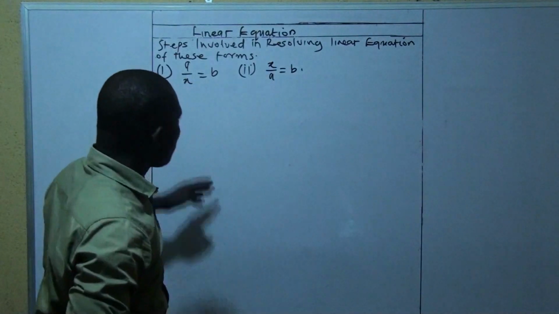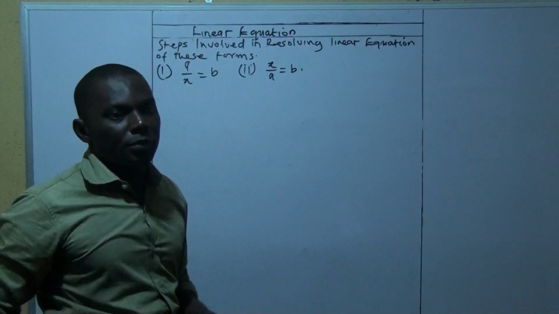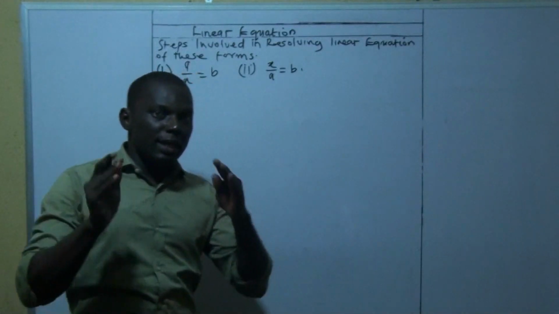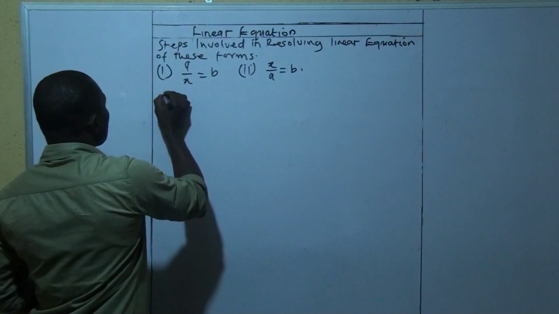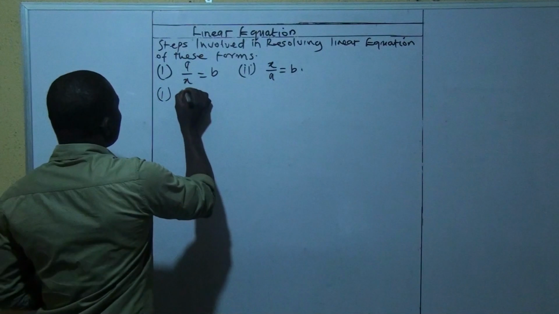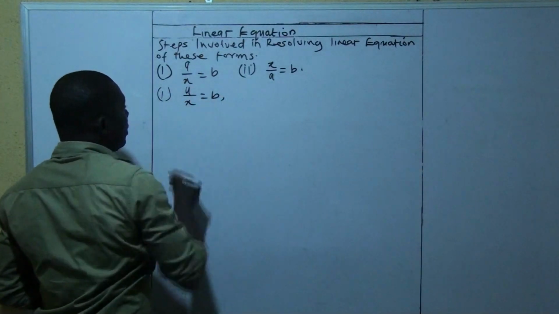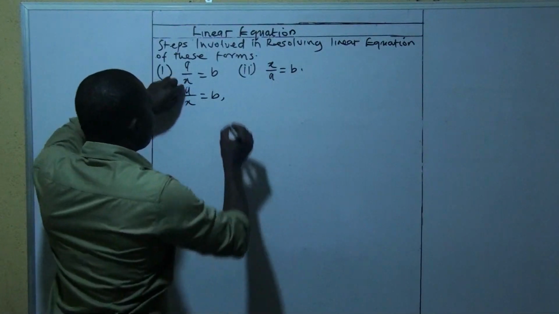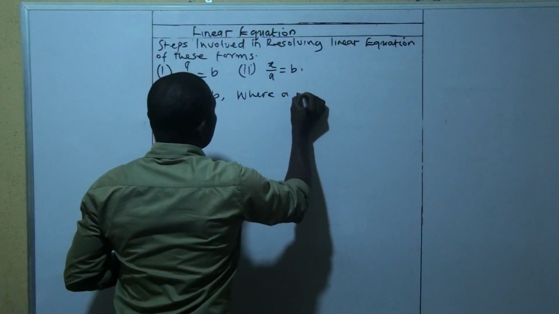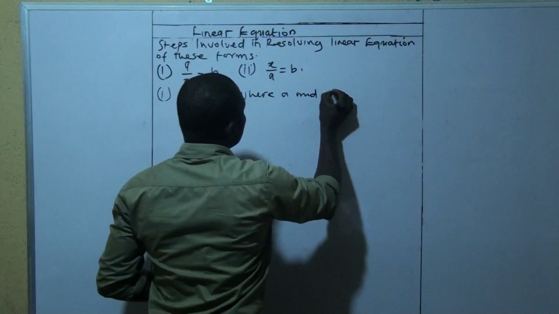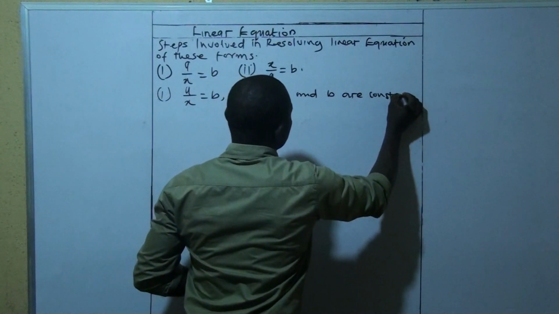So if we are confronted with this type of linear equation, how do we resolve them? That's what we're going to look at in this video. Here, in the first one, a over x equals b, please take note that a and b are constants.